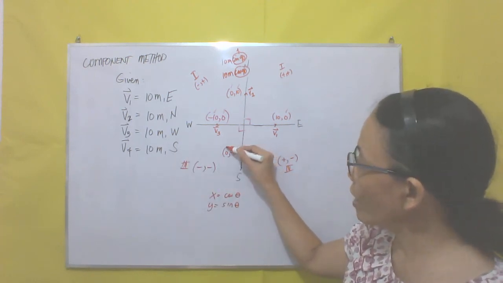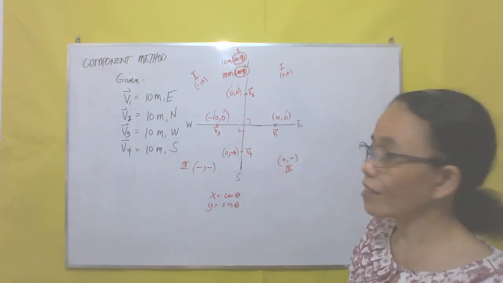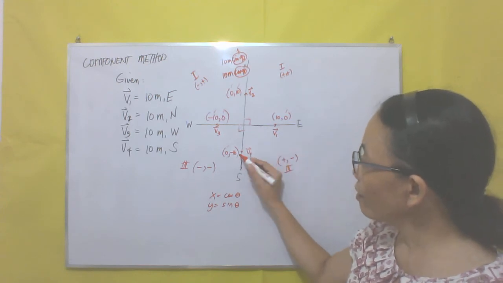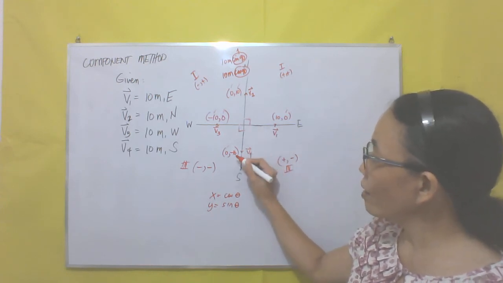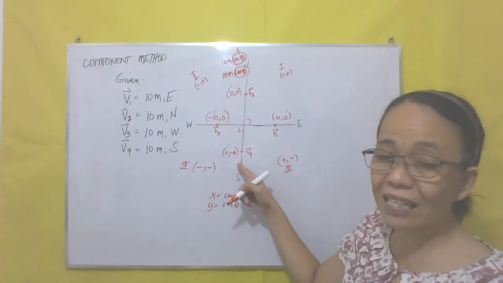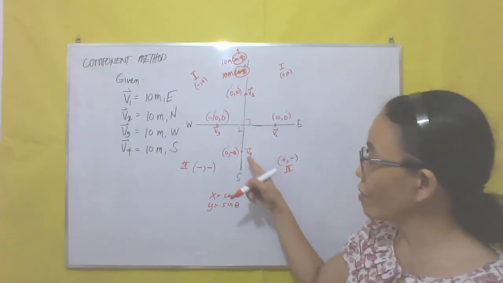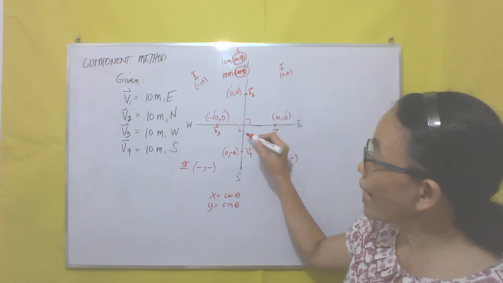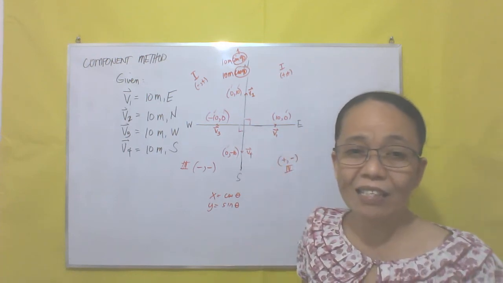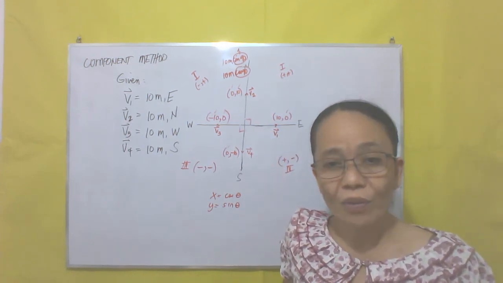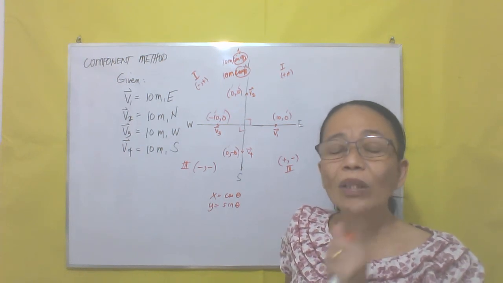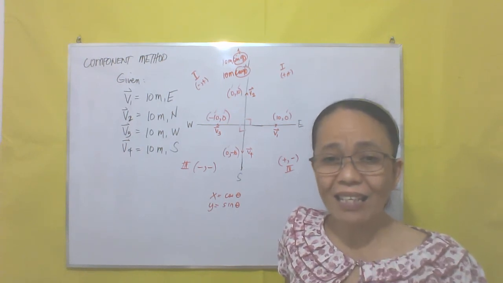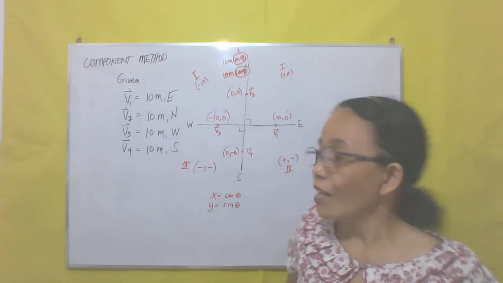So the x component is 0. Next, negative 10. Why is it negative 10? Since it is located along negative y, so the direction is negative. So negative 10 meters times sine 90. Sine 90 is equal to 1, so negative 10 multiplied by sine 90 is negative 10 meters.